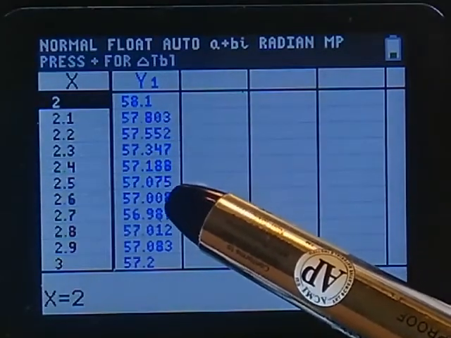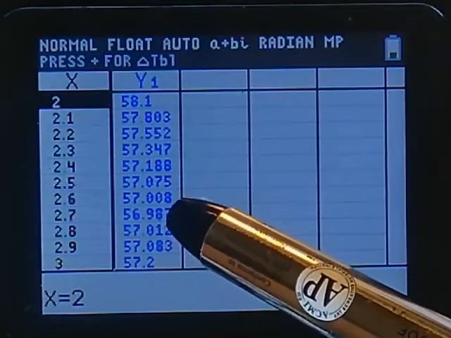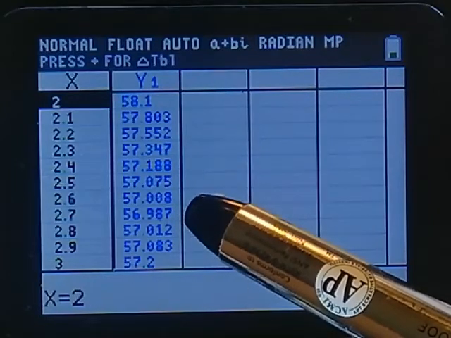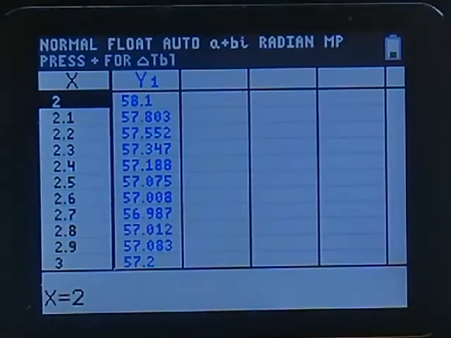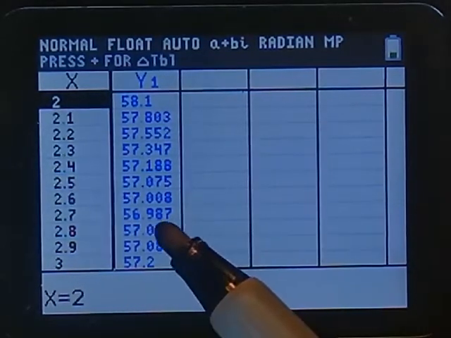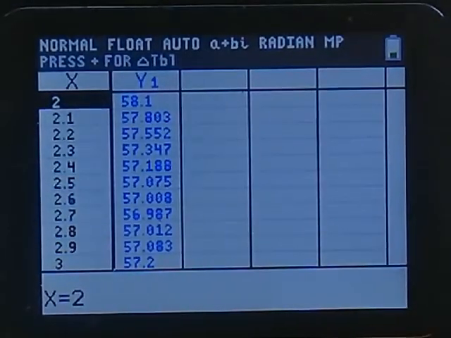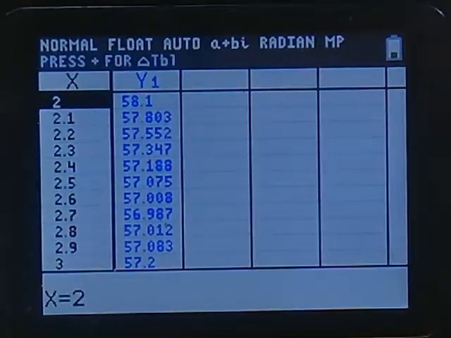The smallest spot is about 2.7, which is what we said right here, 56.987. Higher there and higher there. So that tells us that the minimum is actually about 57.0. I just rounded that off.